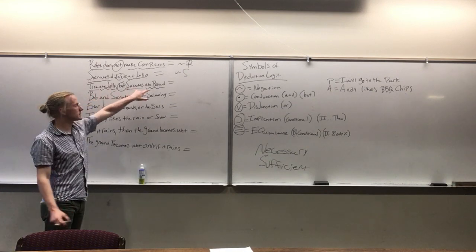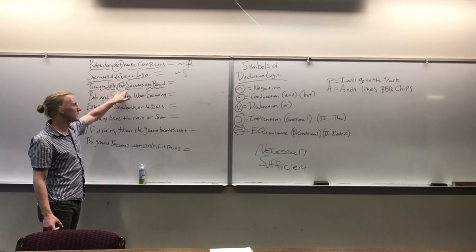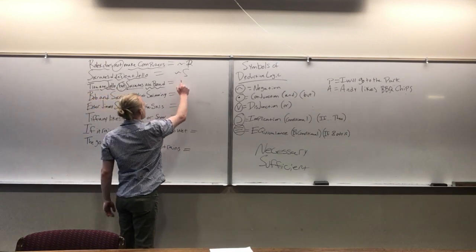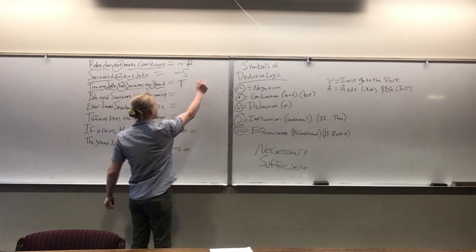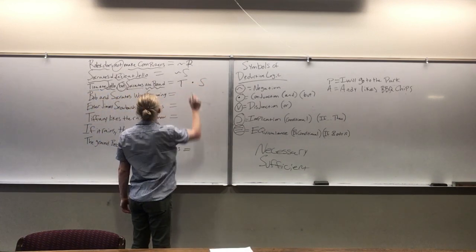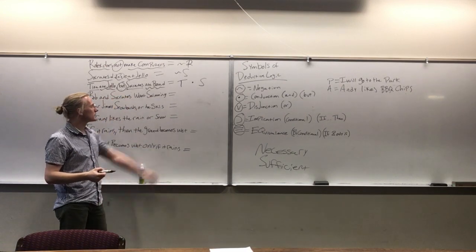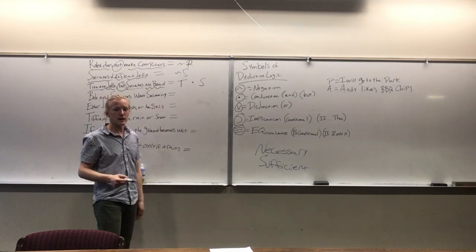We have two atomic statements being conjoined with a but. So I'm going to represent Tina ate Jell-O as T, and Socrates ate bread as S, and then I'm going to represent my logical operator, my conjunction, with the dot: T and S. Tina ate Jell-O and Socrates ate bread.